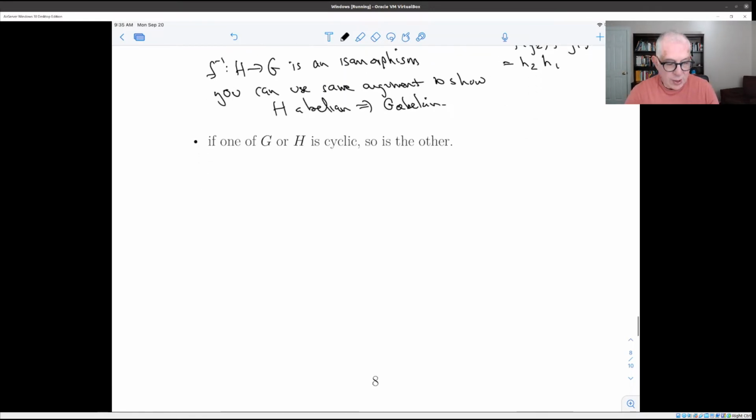Well, even more. If you have two groups, and one of them is cyclic and there's an isomorphism, then so is the other.